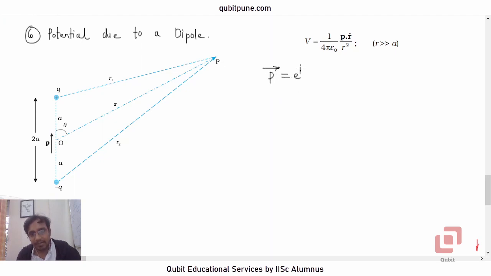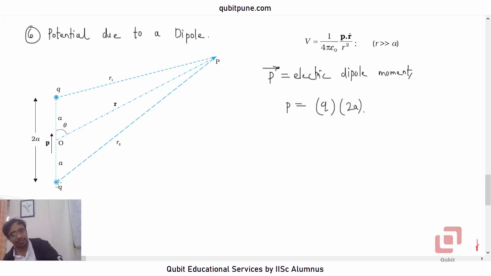In magnitude it is equal to magnitude of any one of the charges into the distance between them, and the direction is from negative q to positive q.